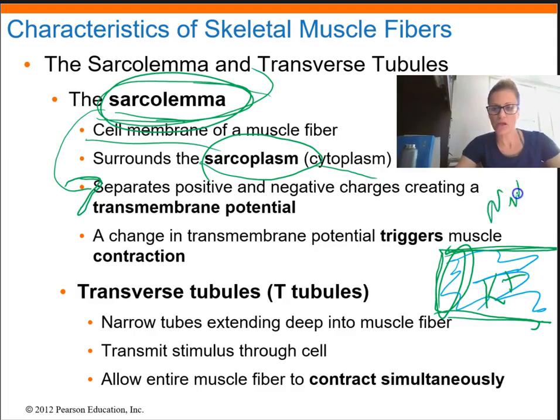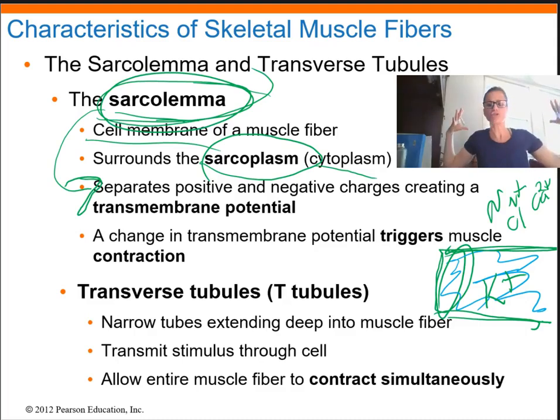There's more sodium, chloride, and calcium outside the cell. Also, remember that when you add all the charges together, everything all added up inside the cell is more negative. The reason for that is that there's a bunch of proteins that are negatively charged.